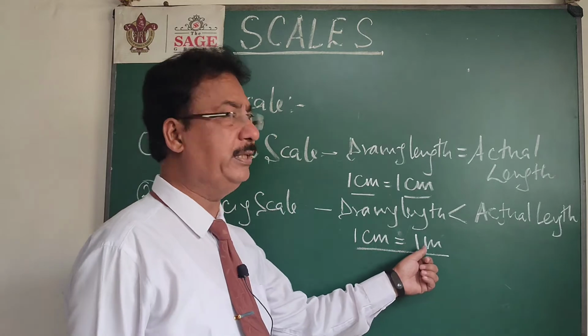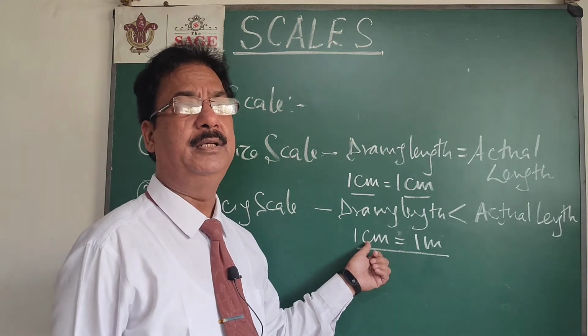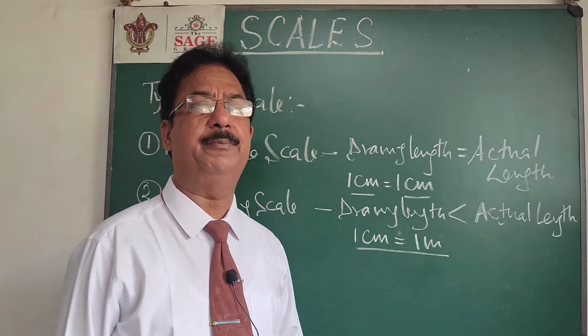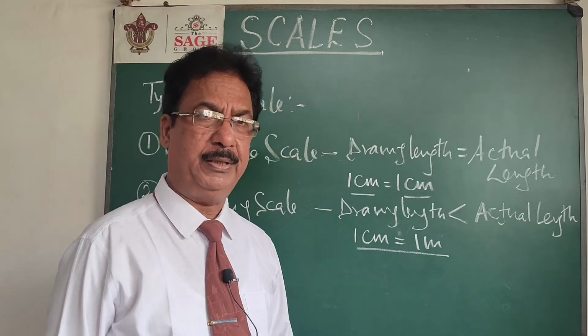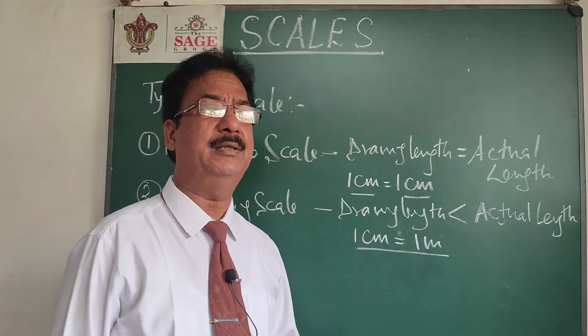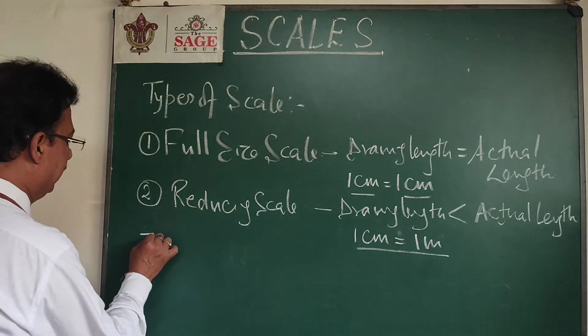In this, the second notation is for the actual length and the first notation is for the drawing length. So 1 meter is the actual size of the object, and I am representing it by 1 centimeter. So I am reducing it by 100 times, as you know that 1 meter equals 100 centimeters. So this is an example of reducing scale.